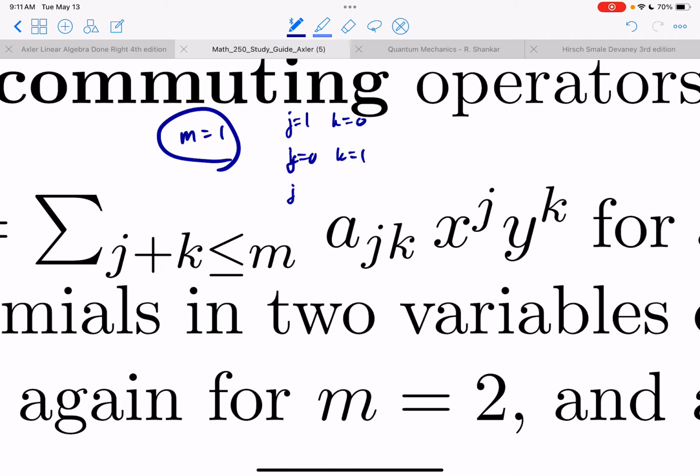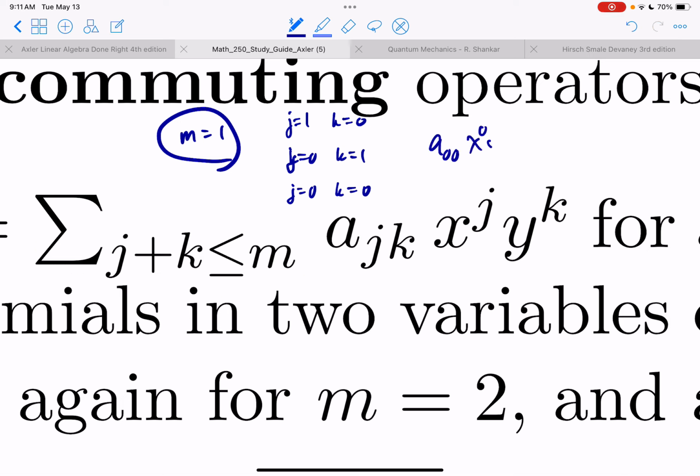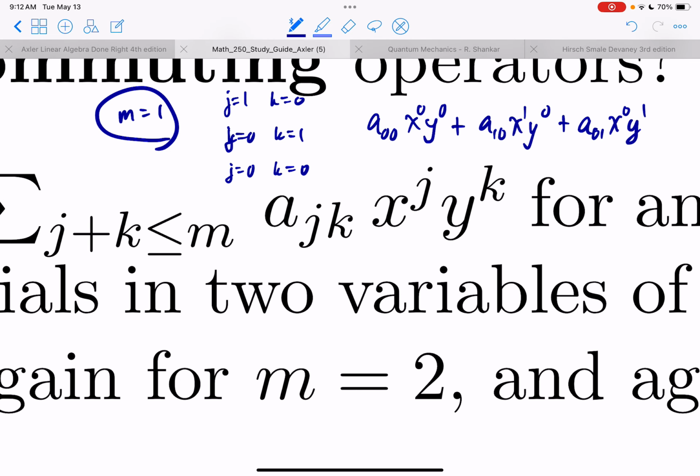There's the third term: j equals 0, k equals 0, because 0 is still less than or equal to 1. In other words, this sum has three terms. It would be the a00 x^0 y^0 term, the a10 x^1 y^0 term, and the a01 x^0 y^1 term. In other words, this is a polynomial a00 plus a10 x plus a01 y.